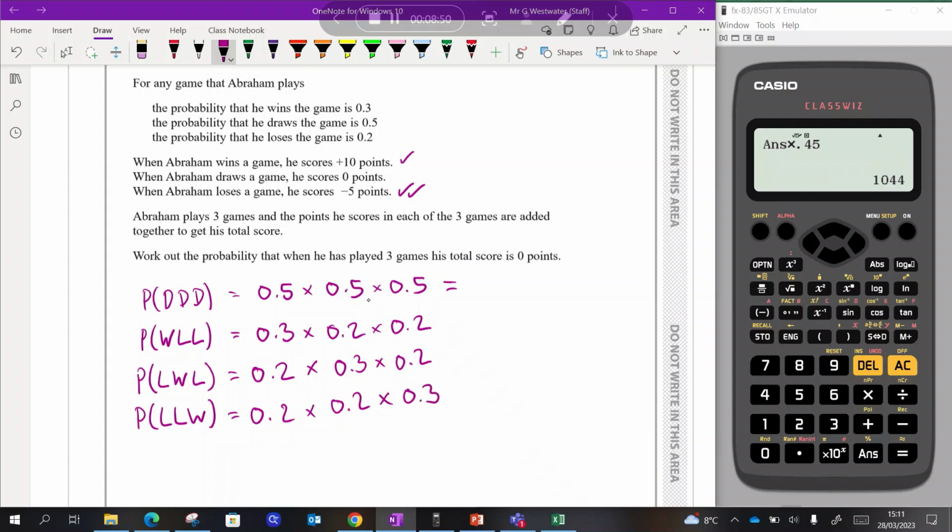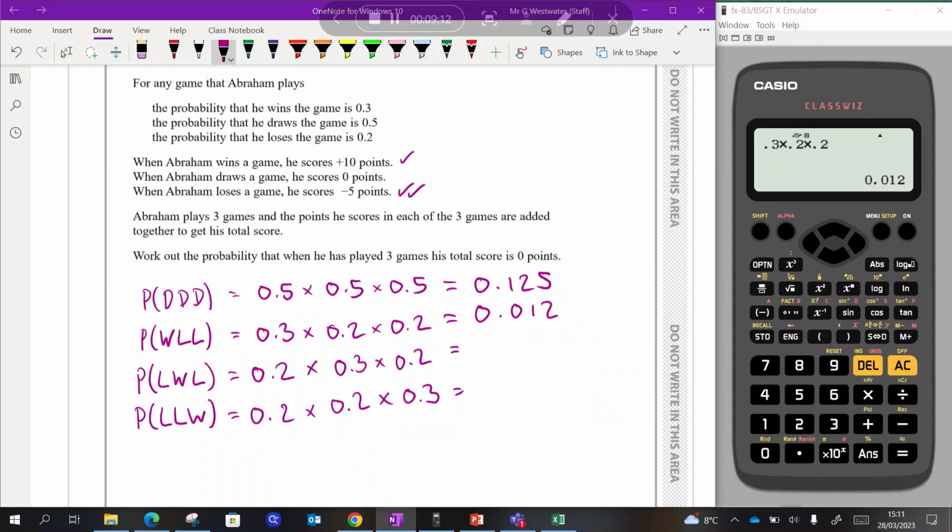So 0.5 times 0.5 times 0.5 is 0.5 cubed, 1/8, or 0.125. I'm going to keep these as decimals because the original probability was in decimals. We have 0.3 times 0.2 times 0.2, which is 0.012.